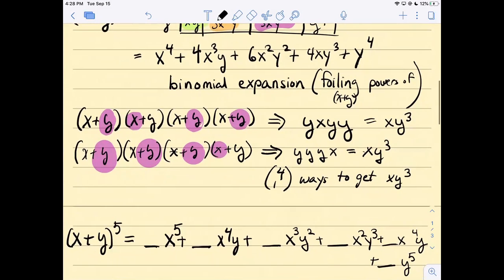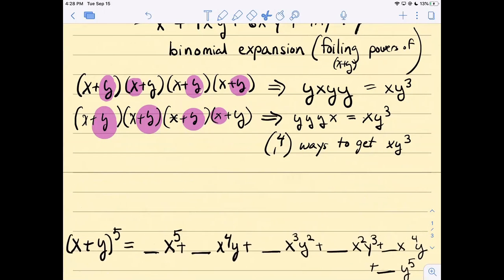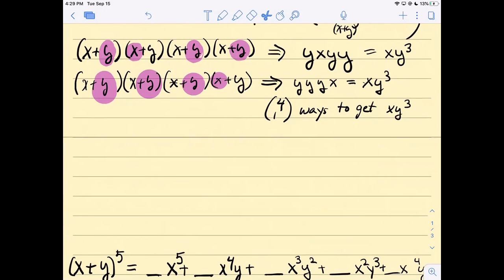And then how about x squared y squared? How many ways are there to get x squared y squared? There's several, right? You can write x, x, y, y. You can also do x, y, x, y.